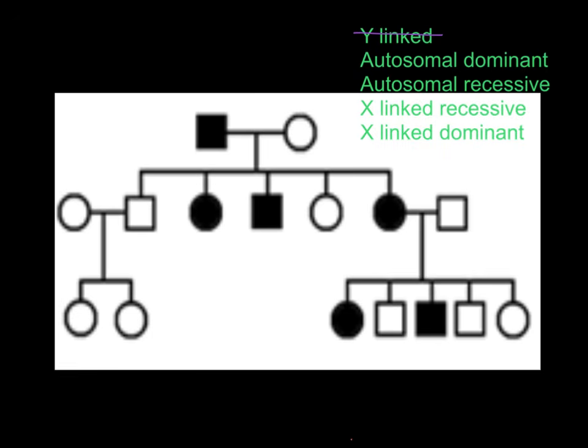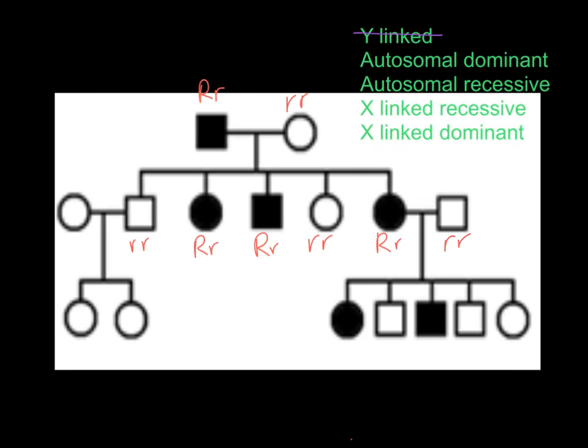So, if this were an autosomal dominant mode of inheritance, this father would have to be big R, little r. We know he has to have a little r because he has children that will be little r, and his wife is little r. So he has children that inherit his little r and some children that inherit his big R. Now, we also know that this father right here would have to be homozygous recessive if this were an autosomal dominant disorder.